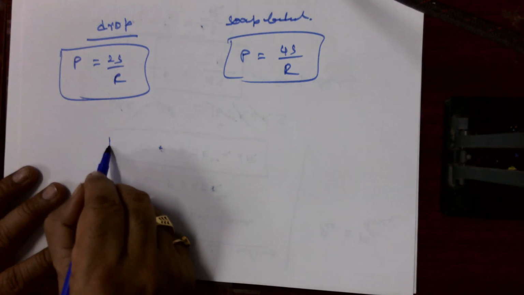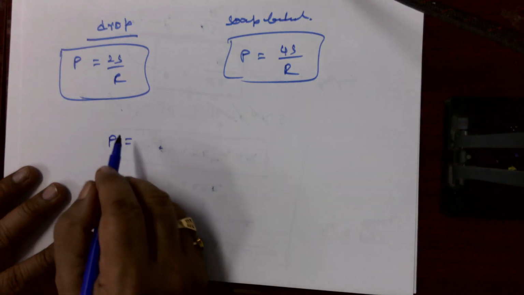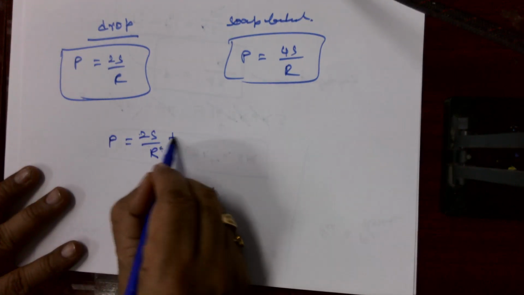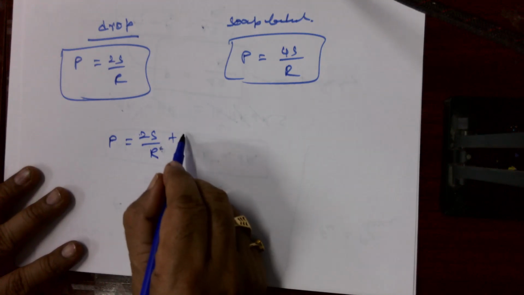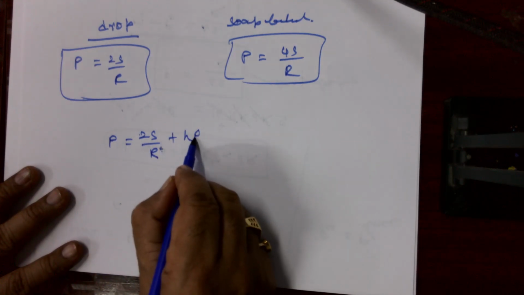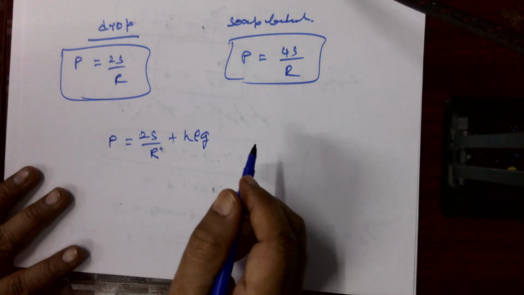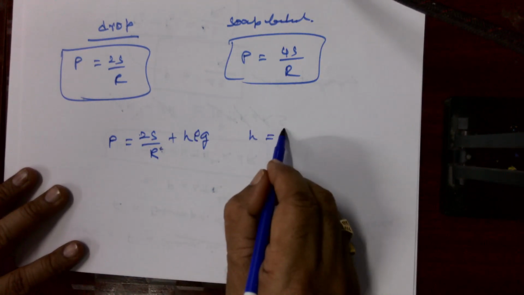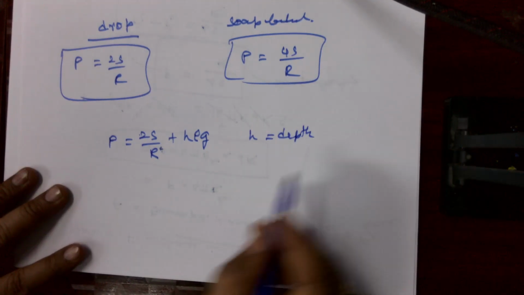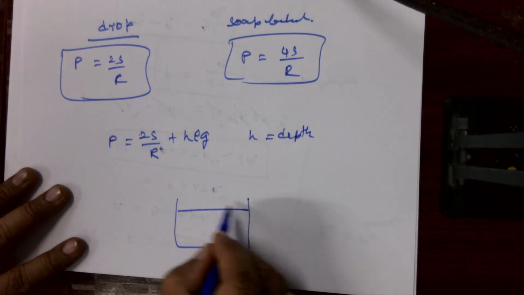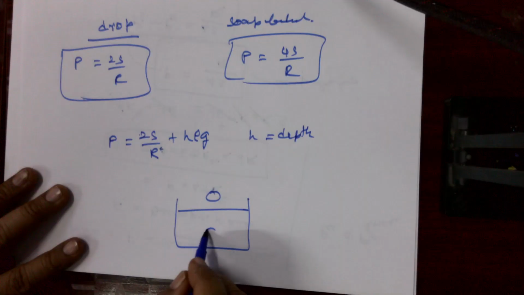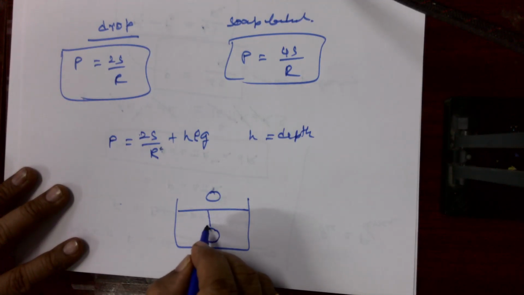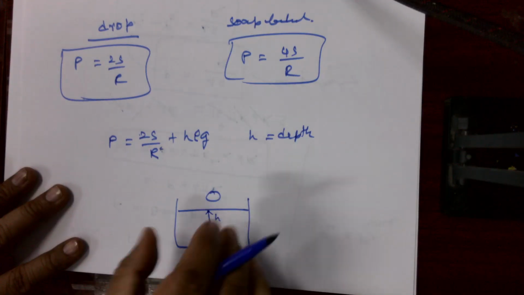So the pressure is, as usual, 2S by R, and you have to include the pressure gradient because of the depth, so h rho g. Are you able to follow? Here h indicates the depth of the bubble inside the liquid.